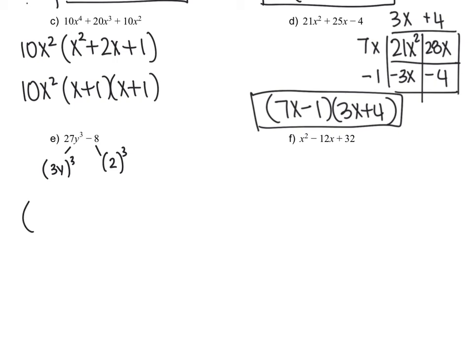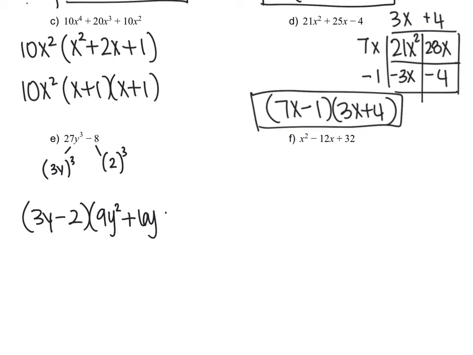So in the first set of parentheses, I'm going to subtract my cube roots. So it's always the first one minus the second one, so 3y minus 2. Then I want to square my first term, so 3y squared. I have to square the 3 and the y, so we're going to get 9y squared. And then plus, now I'm going to multiply them together, so 3y times 2 is 6y.